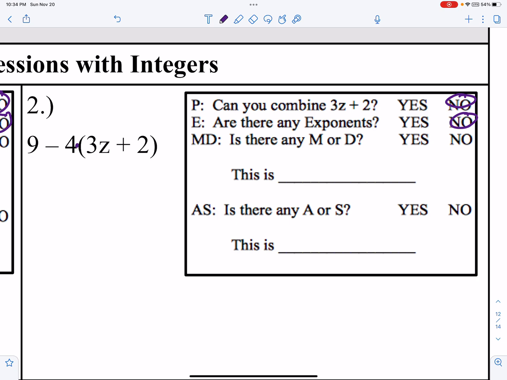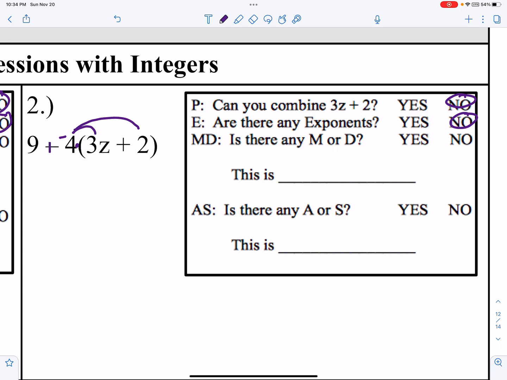Now here's a rule that you need to be aware of. If we KFC this, you can see it a little bit more clearly. This is a negative 4 that needs to be distributed. Okay, and so it's really important that you make sure that you distribute the sign that is listed there. And so we're going to distribute that negative 4 to both those numbers.